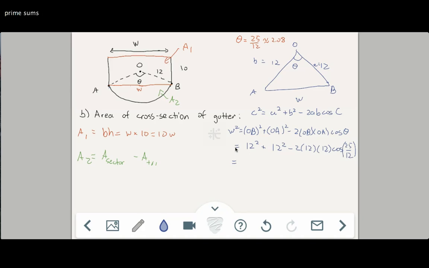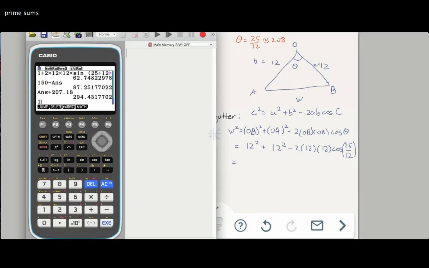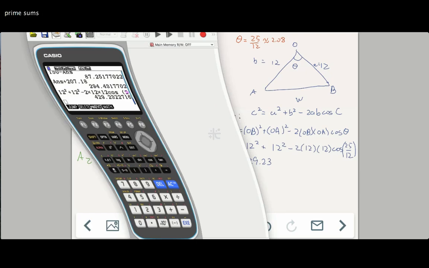So anyway, let's do this on the calculator. 12 squared plus 12 squared minus 2 times 12 times 12 times cosine of 25 over 12. And we have to make sure that we're in radians here, not degrees. And we get 429.23. But this is W squared. This is not W. So W is going to be the square root of this.